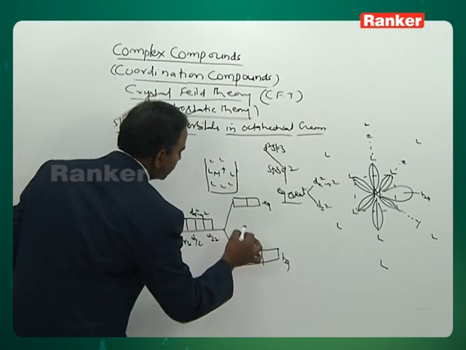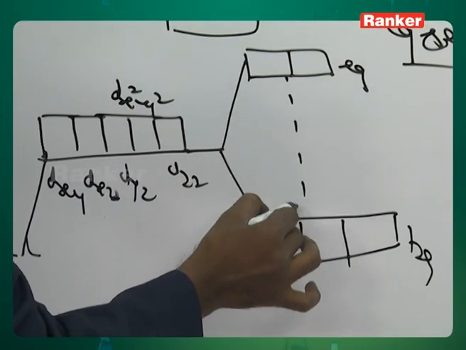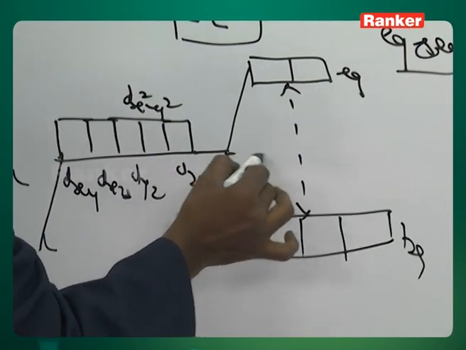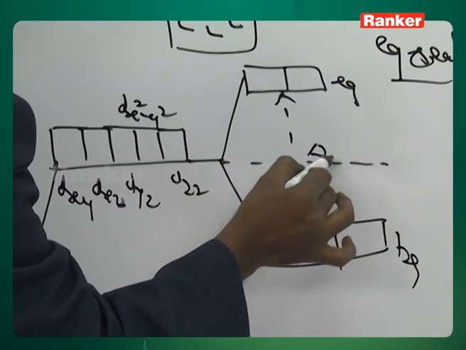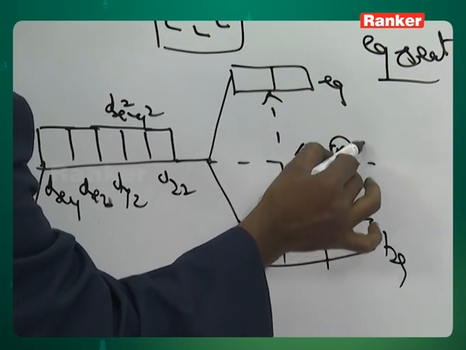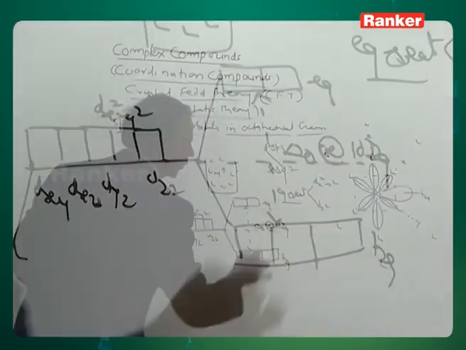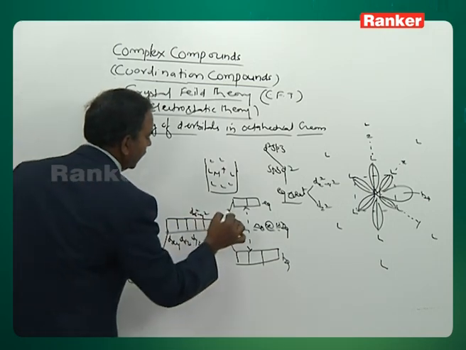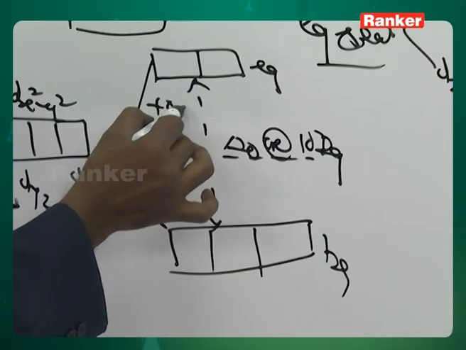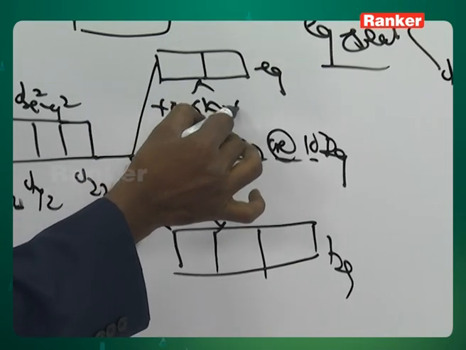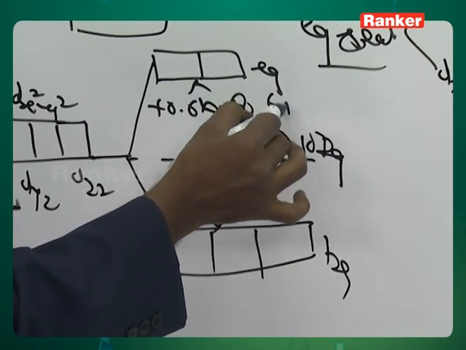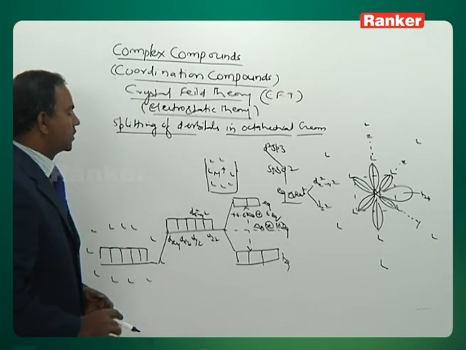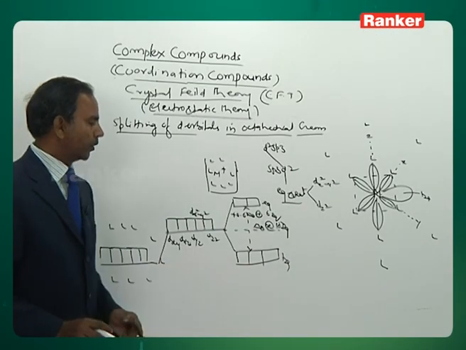Now, the energy difference between these two sets of orbitals we represent by delta O or you say 10 Dq. What I said, increase in energy, how much increase? The increase will be plus 0.6 delta O or plus 6 Dq.